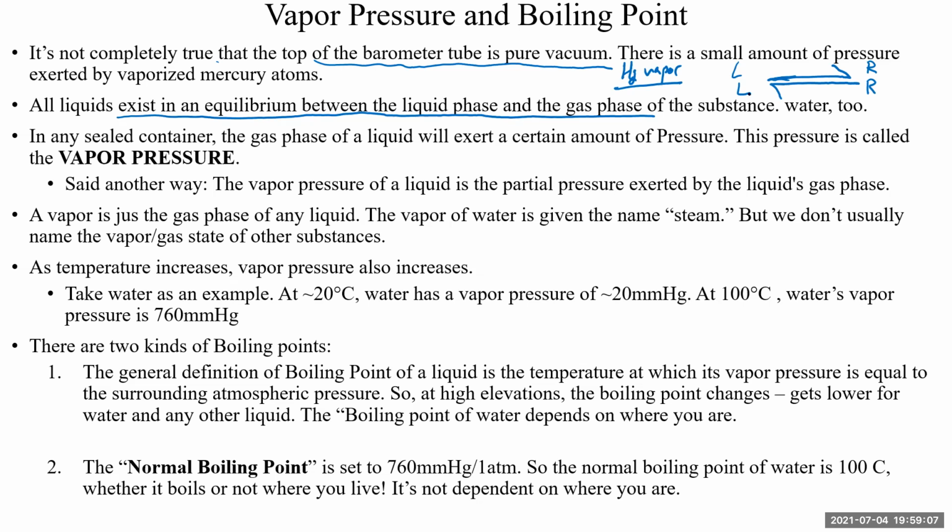Likewise, when it comes to liquids and their vapors, and a vapor is nothing more than the gas phase of a liquid in the vicinity of that liquid, they exist in an equilibrium where liquid molecules are constantly being vaporized to form more gas phase particles. But simultaneously, those gas phase particles are coalescing.